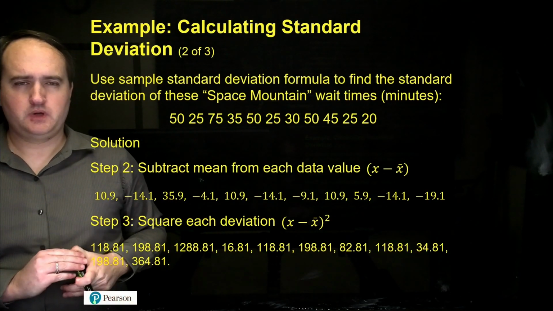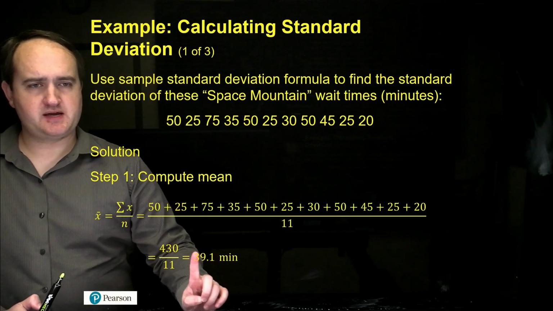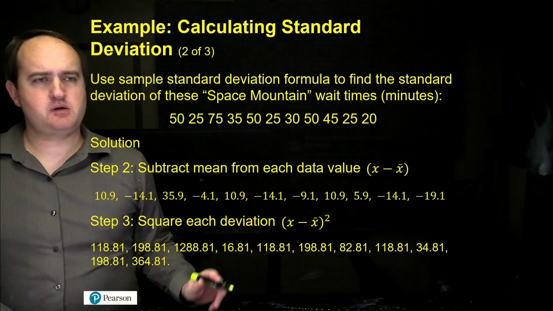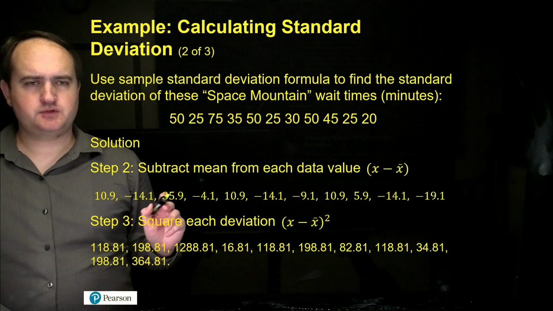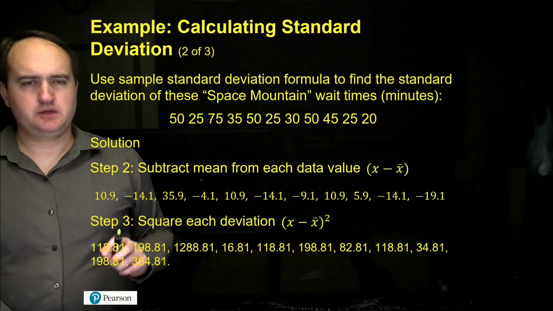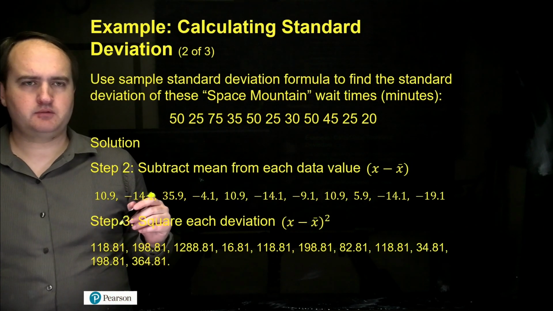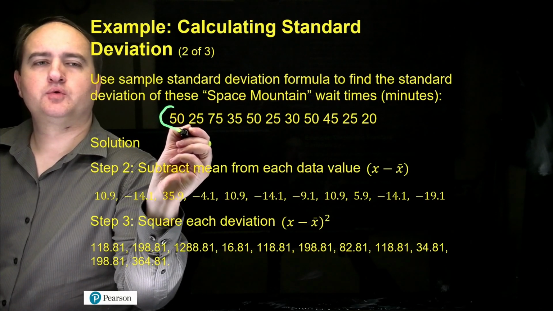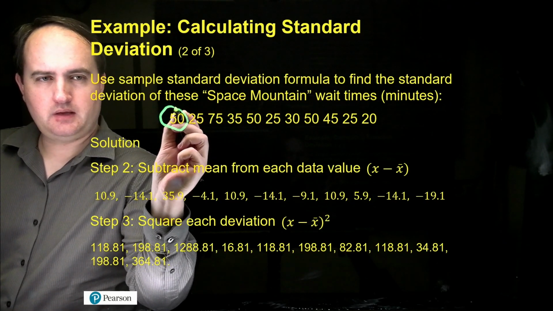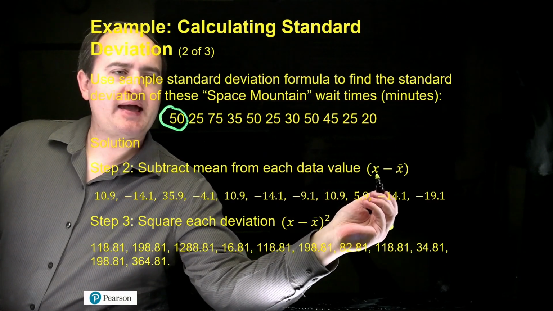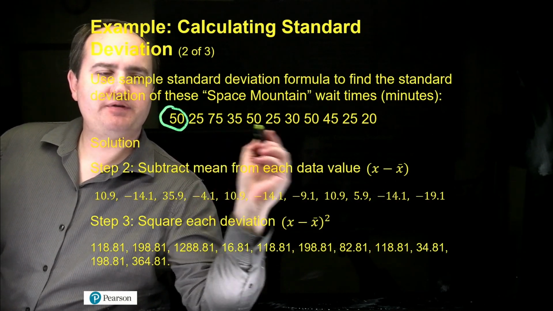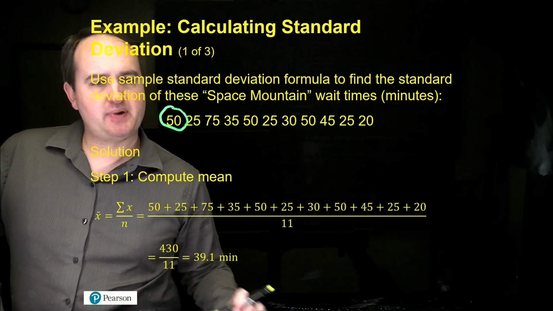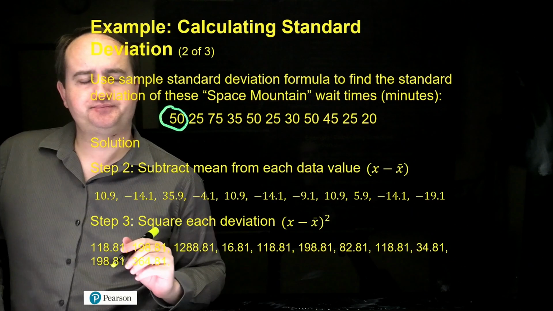So we said that the mean was 39.1. X minus x bar, for each of these numbers, we're going to be subtracting. So how did they get 10.9? Well, they just took the first data value here, which was 50. So x is the same as the data value 50, and then minus x bar is going to be minus 39.1.